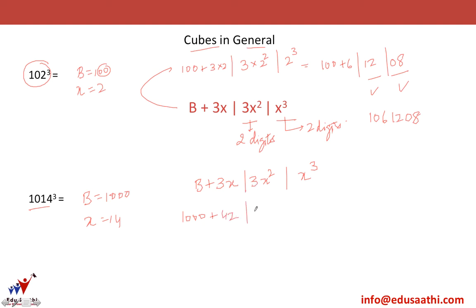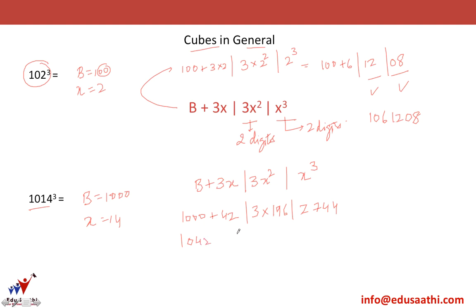Now we have 3x square, so this means 3 into x square, 14 square is 196. So I have 3 into 196, and then we have x cube. You need to remember the cubes for the numbers till 20 as we discussed. 14 cube is 2744. So if we solve here, I get 1042.